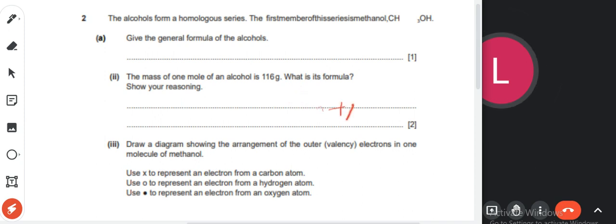CnH2n+1 is the general formula of the alkyl part of alcohols. So when you equate it to 116 grams, you can easily find the particular alcohol.